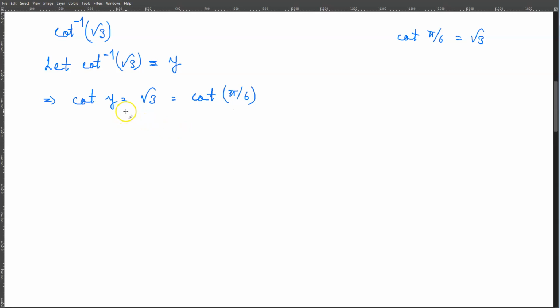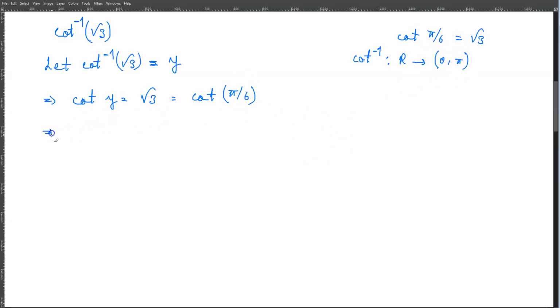And so the domain and range of the cot inverse function is a function that goes from R to the open interval of 0 to pi. And pi by 6 is actually in this range.